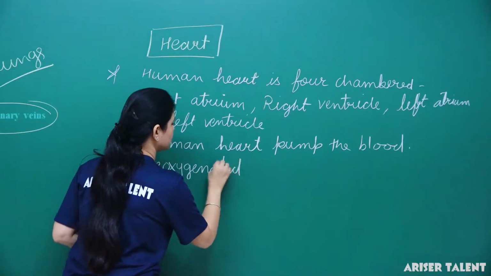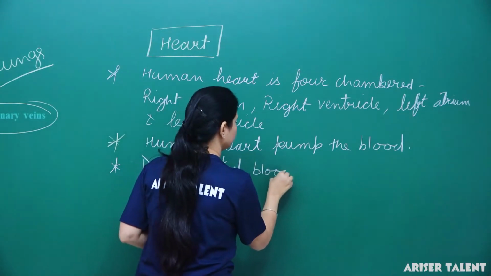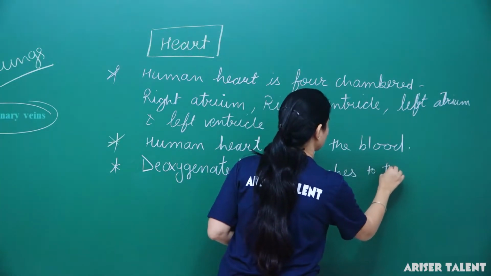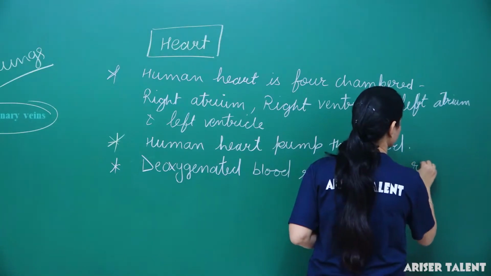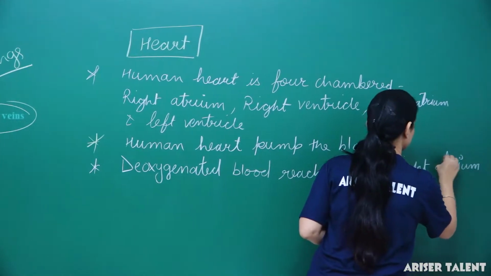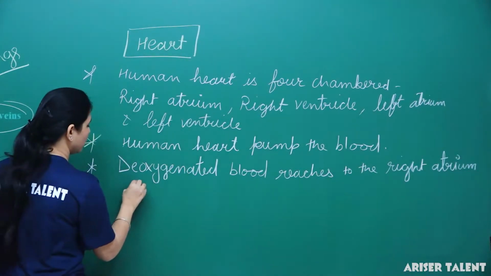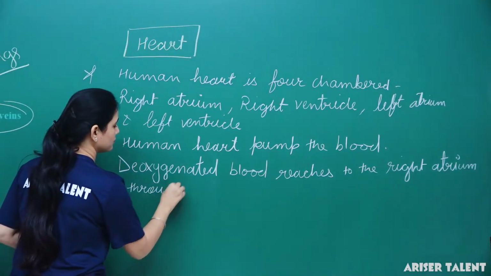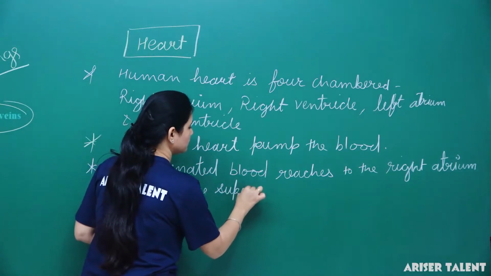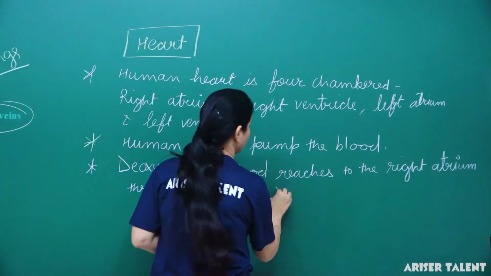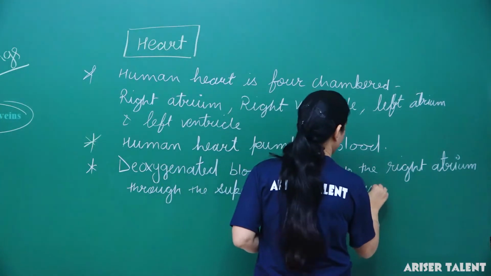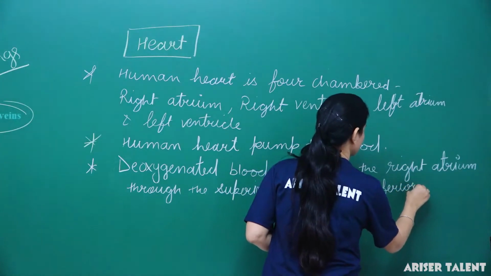If we talk about the working, then we can mention: deoxygenated blood reaches to the right atrium through the superior vena cava and inferior vena cava.